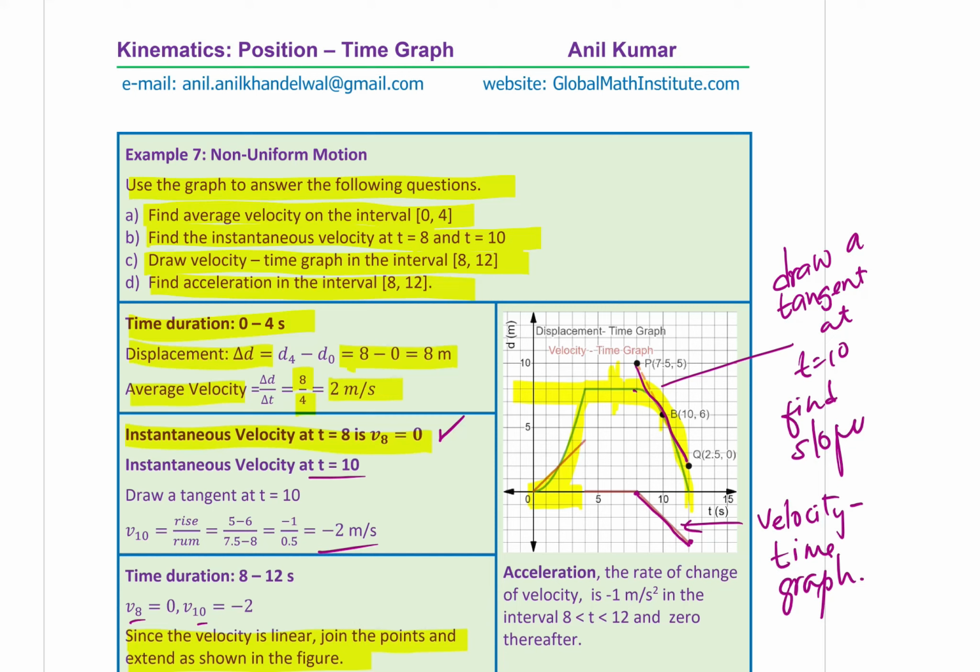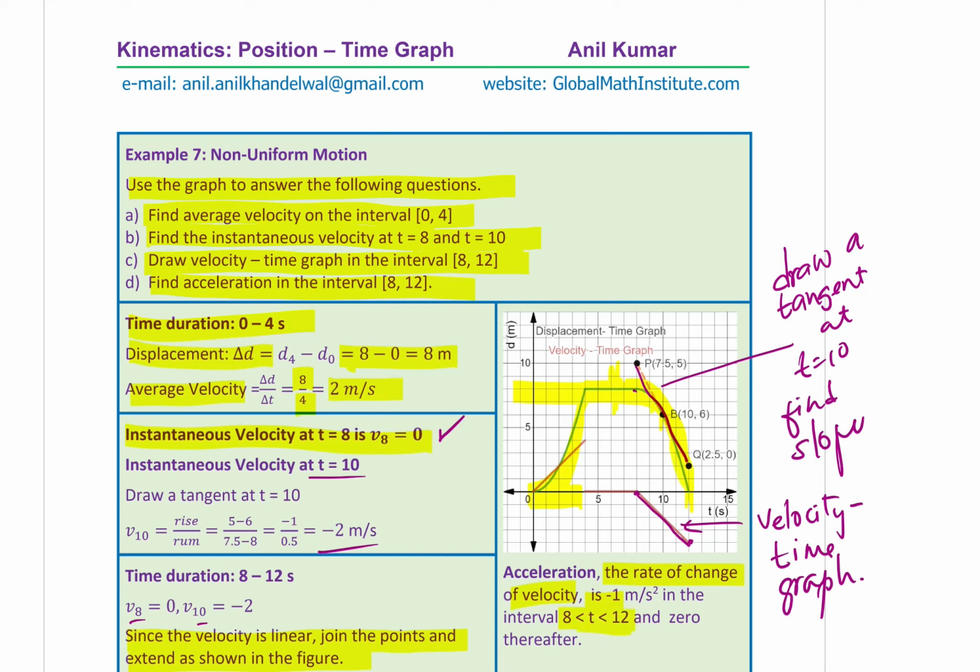As far as acceleration is concerned, acceleration is the rate of change of velocity. In the first half, it is increasing, right? So first it is 0 and then it is pretty high. And so we have the rate of change of velocity as minus 1 meters per second square in the interval 8 to 12.